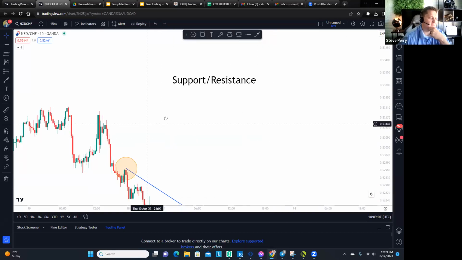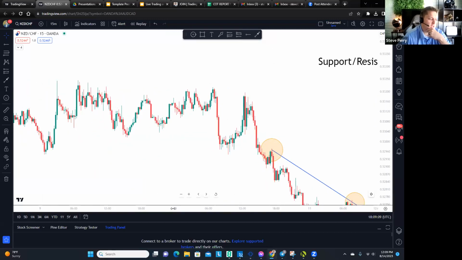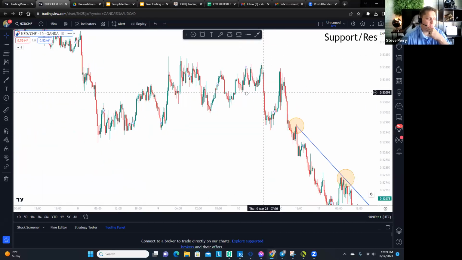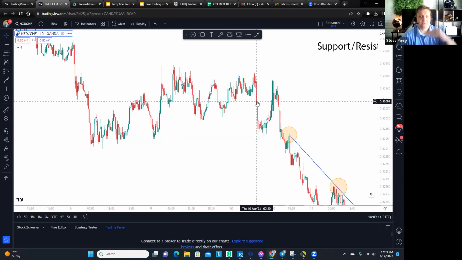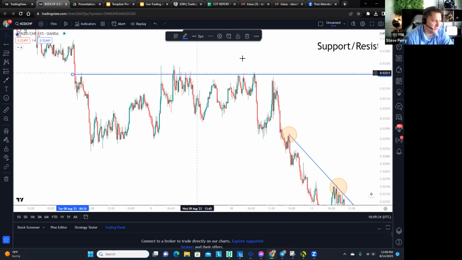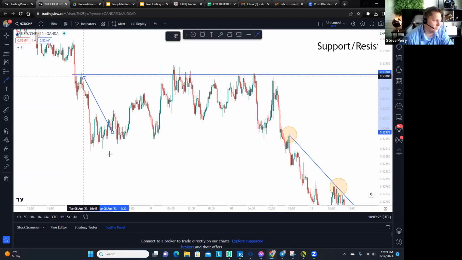Support is a place where the market likes to come and hang out and then bounce up. Resistance is an area that the market likes to hit and then bounce down. Right here would be an example of resistance, because the market came up here, pulled down, came up here, pulled down, came up, pulled down. That's resistance.